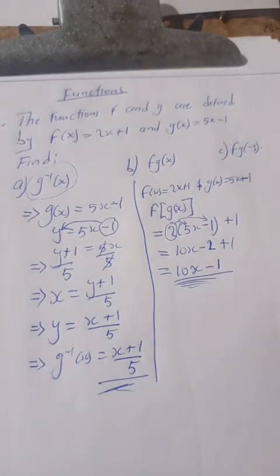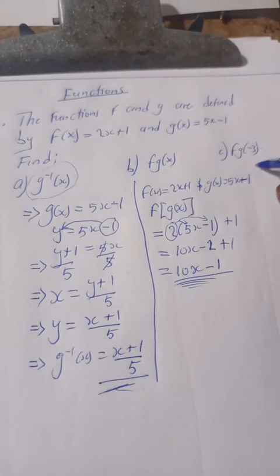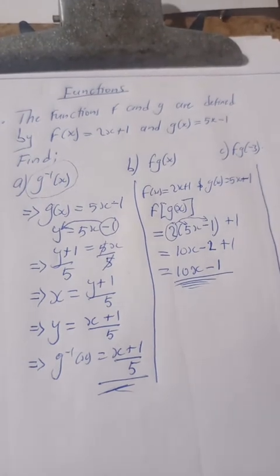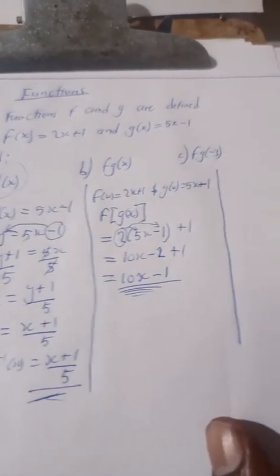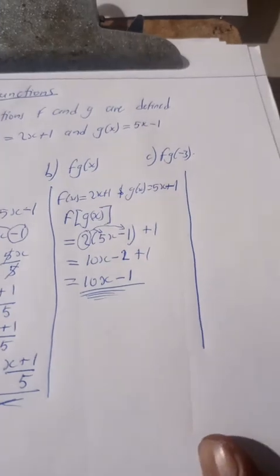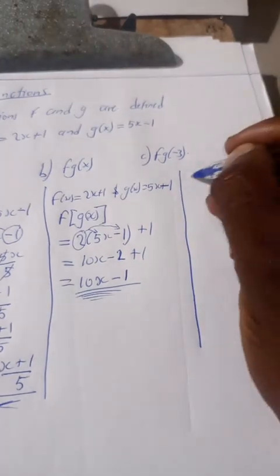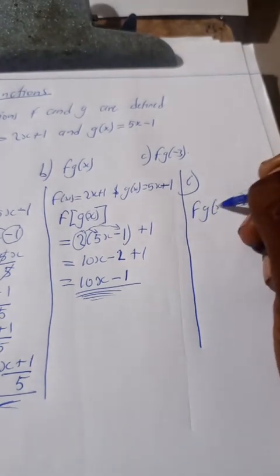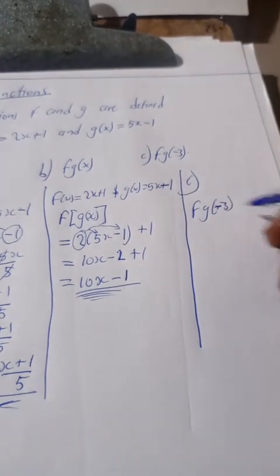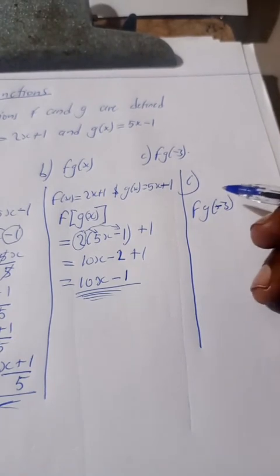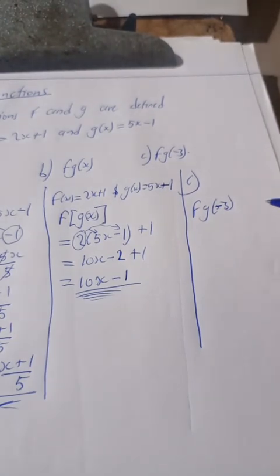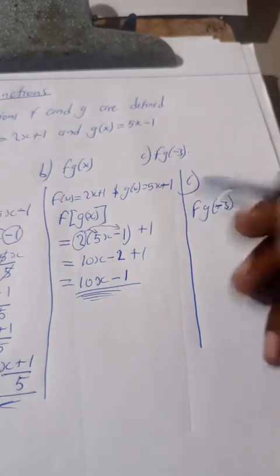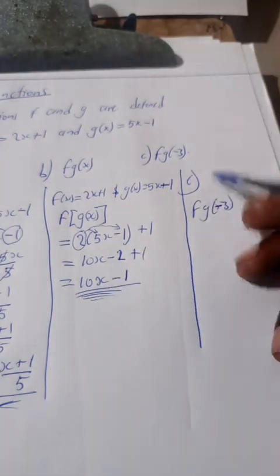All right. C, can C fit here? Yes, it can. On C we have f of g of negative 3. Now look, this is very simple and straightforward. They want you to use this answer to find this one.